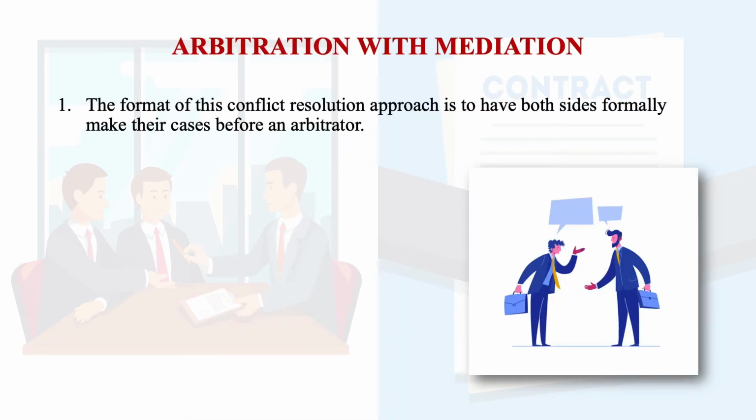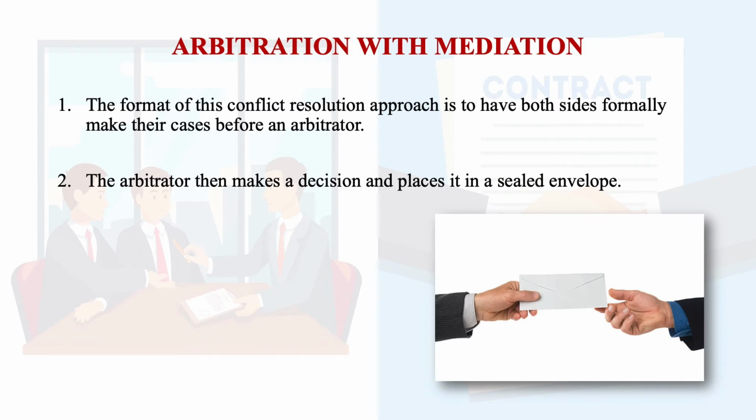That is, we can use a blended approach of involving arbitration with mediation in order to arrive at an optimum solution. Now, if we use arbitration with mediation, that is a mixed methods approach, the format of this conflict resolution approach is to have both sides formally making their cases before an arbitrator.